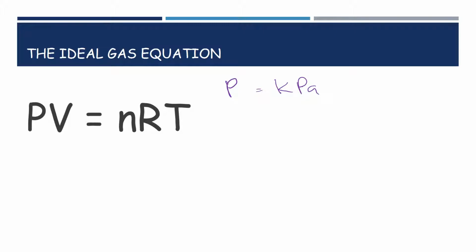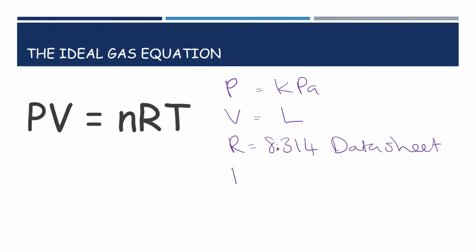The volume must be in litres. The gas constant, which is 8.314, you get from the data sheet. And the temperature must be in Kelvin. So you're always going to have to convert your temperatures to Kelvin.